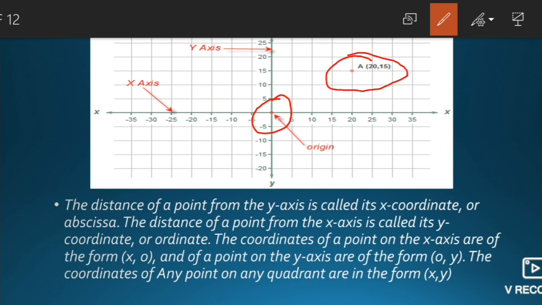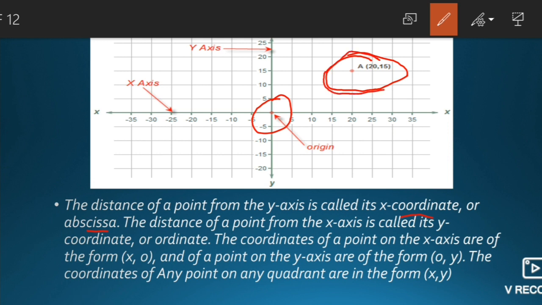The coordinate of this point is marked as (20, 15). The distance of a point from the y-axis is called the x-coordinate, or abscissa, and the distance of the point from the x-axis is called the y-coordinate.